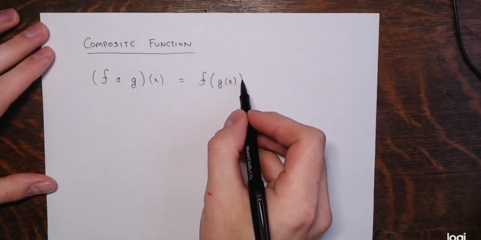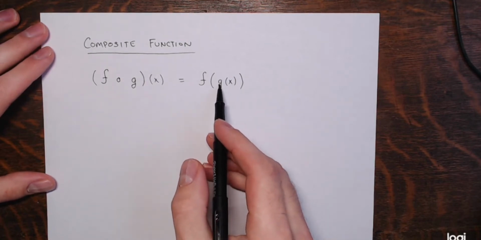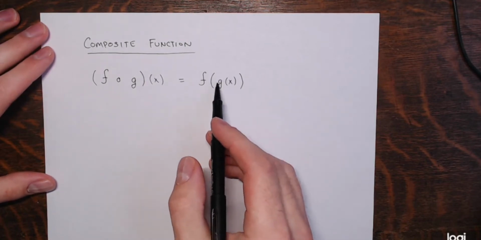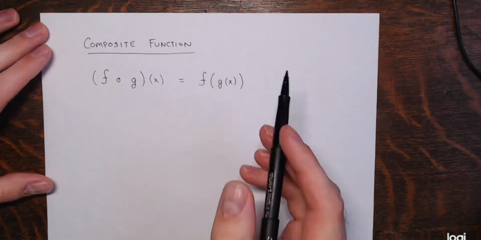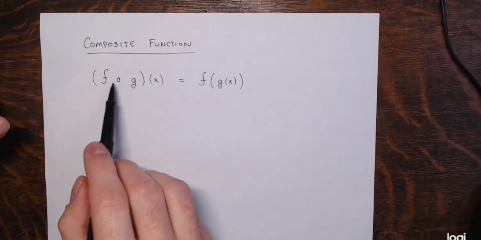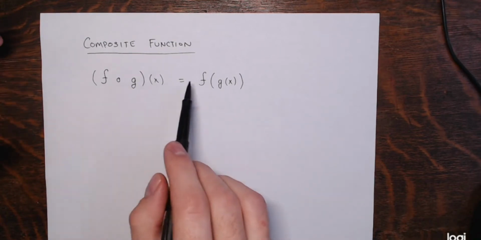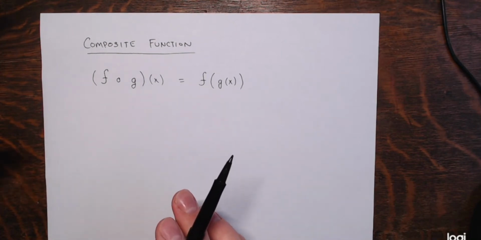Basically, x goes into g, then whatever g of x is goes into f, and you calculate the output there. You can also switch this, do g composed with f, and then it would be g of f of x. So you just have to pay attention to the order. The order matters when you're composing functions.